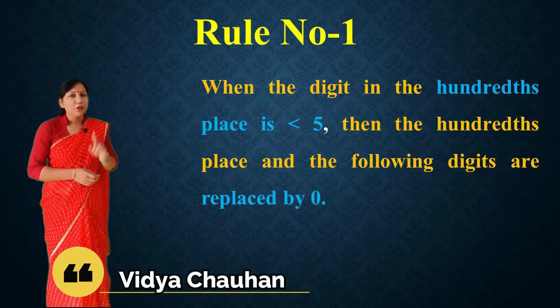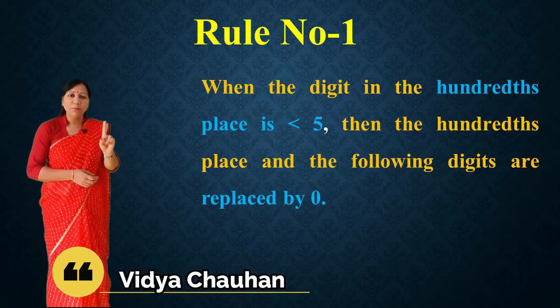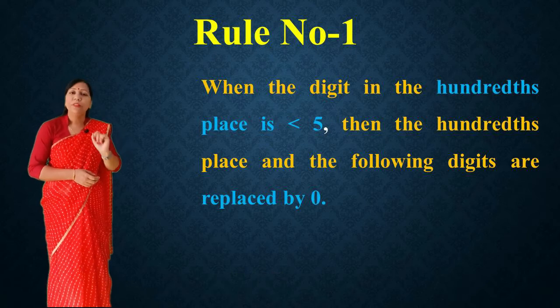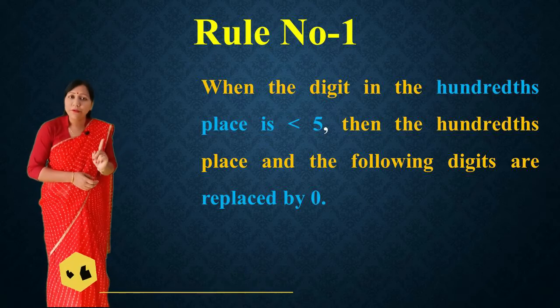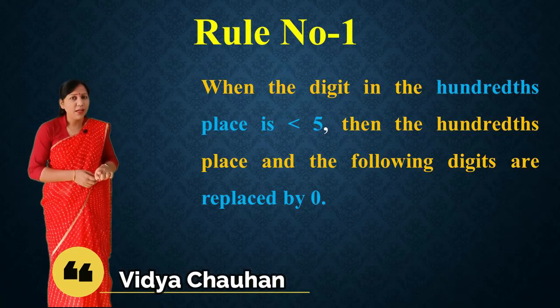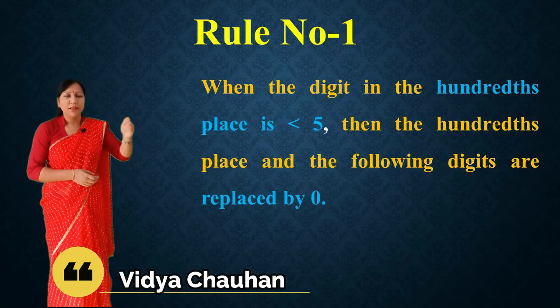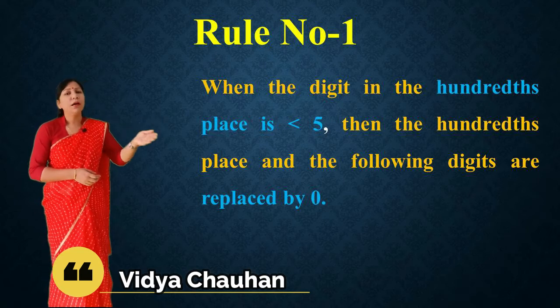Clear students? So if you have to round off the decimal number to 1 place only, you check the 100th place digit. If it is less than 5, then the 100th place and the digits after it will become 0.